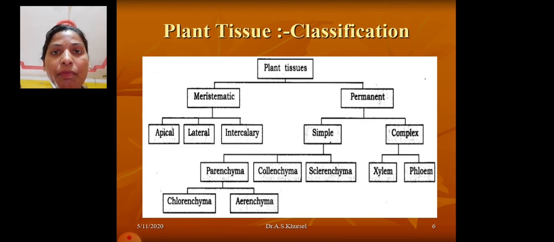Permanent tissue is further subclassified into simple tissue and complex tissue. Simple tissue is further classified into parenchyma, collenchyma, chlorenchyma, aerenchyma, sclerenchyma, etc. Whereas complex tissue is classified into xylem and phloem.